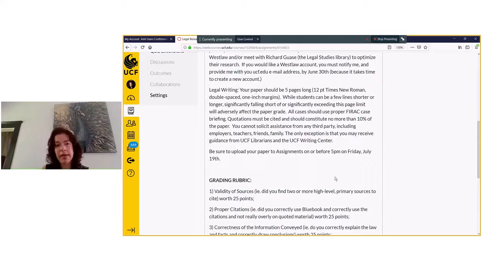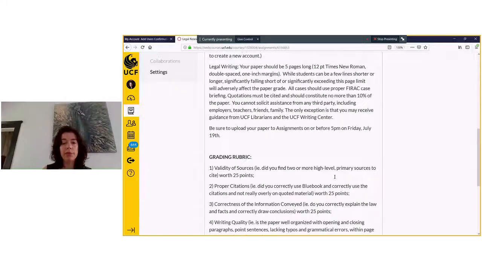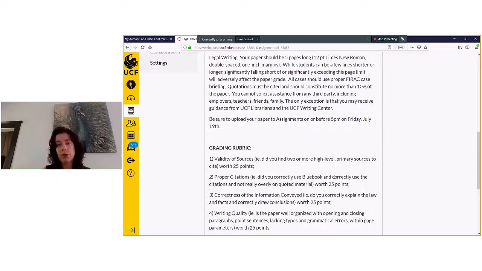The only exception to that is you are welcomed and encouraged to meet with the UCF librarians to help you with research. And I've given you Richard Gauss's contact information. He's very helpful if you're struggling with how to do your research. Second, you can go to the UCF Writing Center and get help from the Writing Center student advisors.